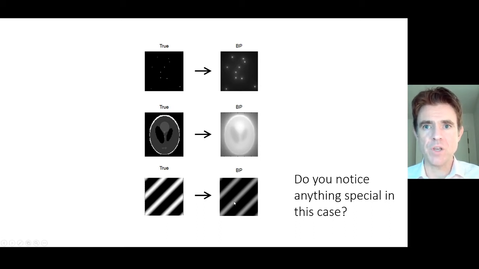And what we find is that the higher the frequency of the sinusoidal function here, typically the lower the intensity of the output when it's run through a forward and back projection.